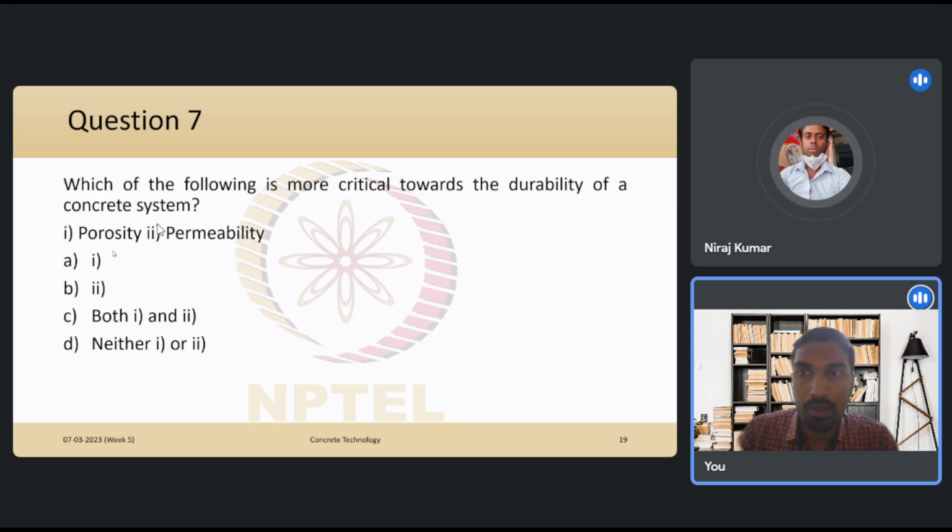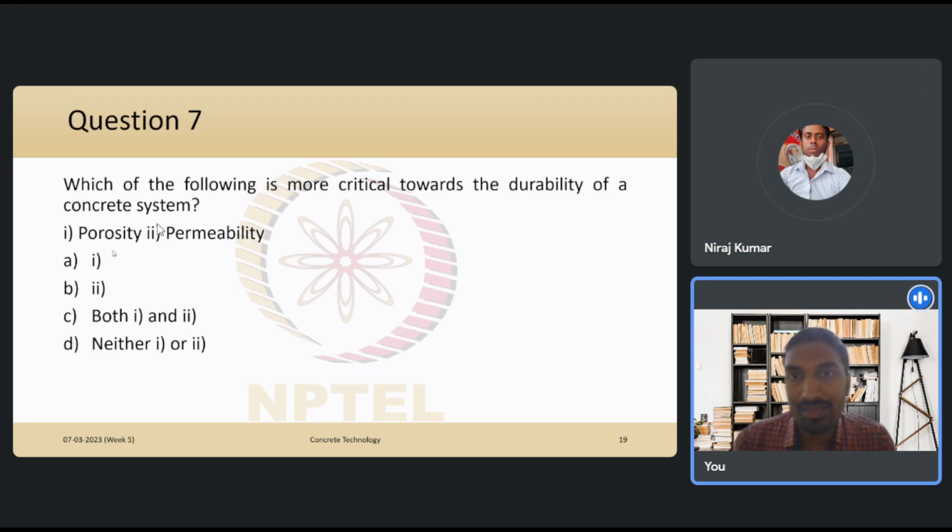So now, porosity is not necessarily a bad thing for durability unless the pores are interconnected, right? Why? Because when we talk about durability, we are talking about external effects that are going to affect the long term properties or the long term performance of the concrete system.